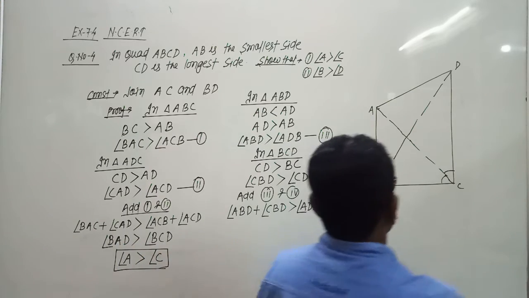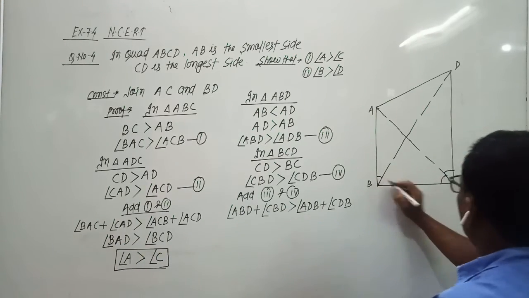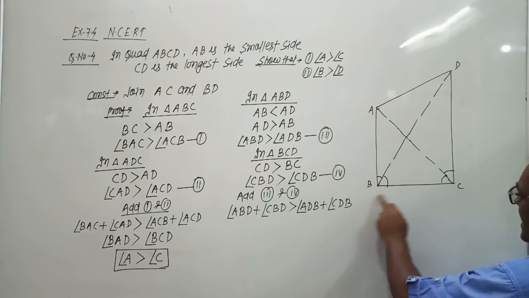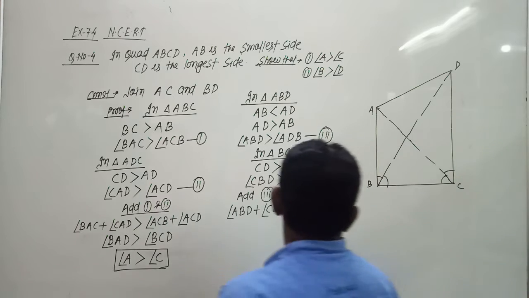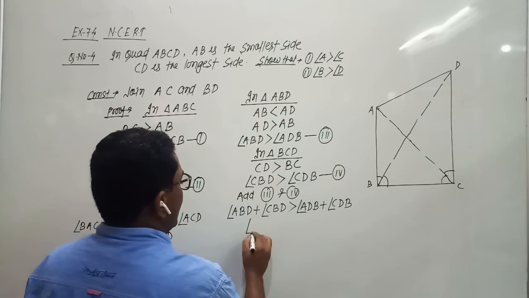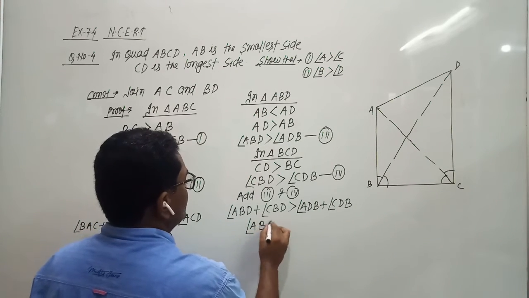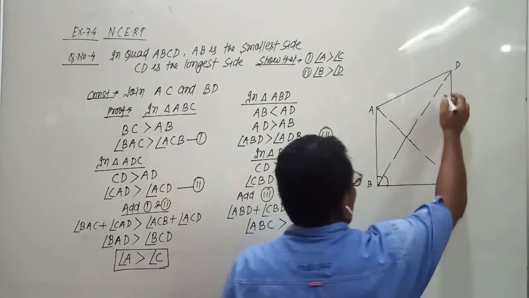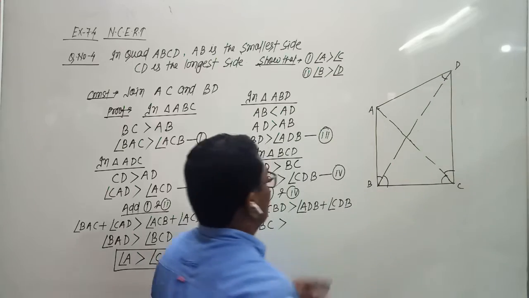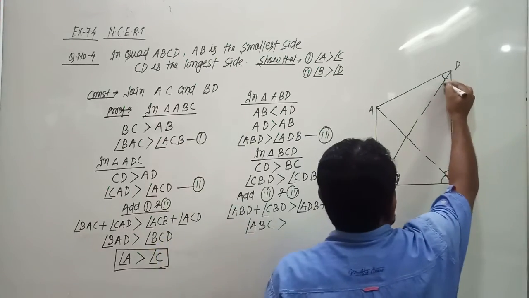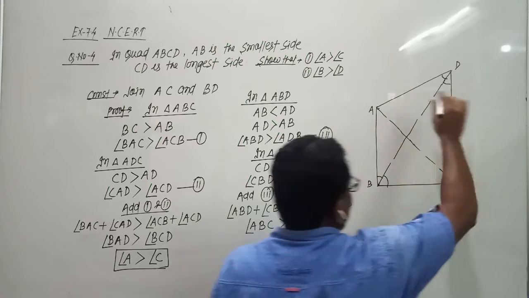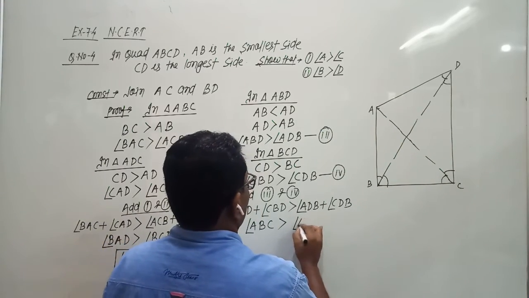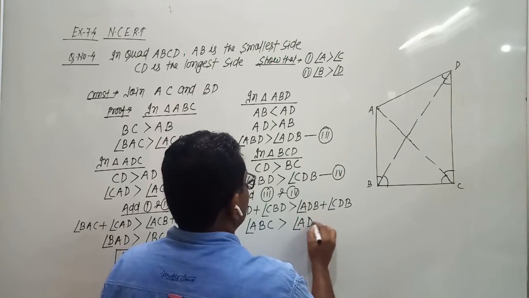ABD and CBD combined are written as angle ABC, which is greater than ADB plus CDB, combinedly written as angle ADC.